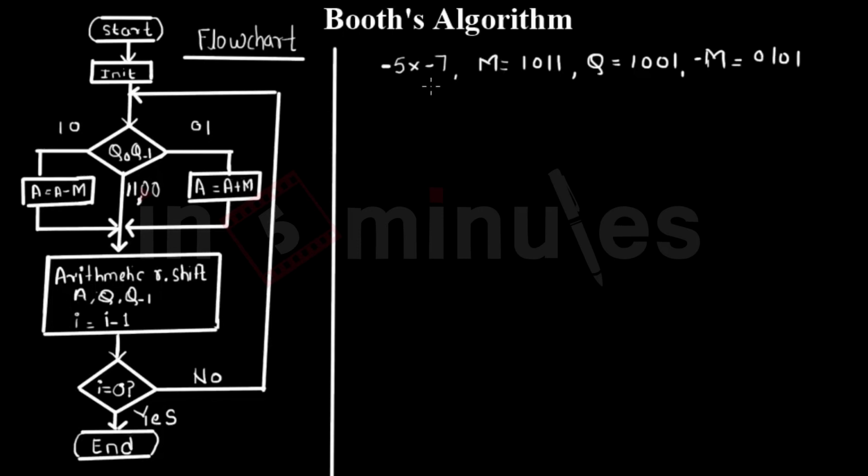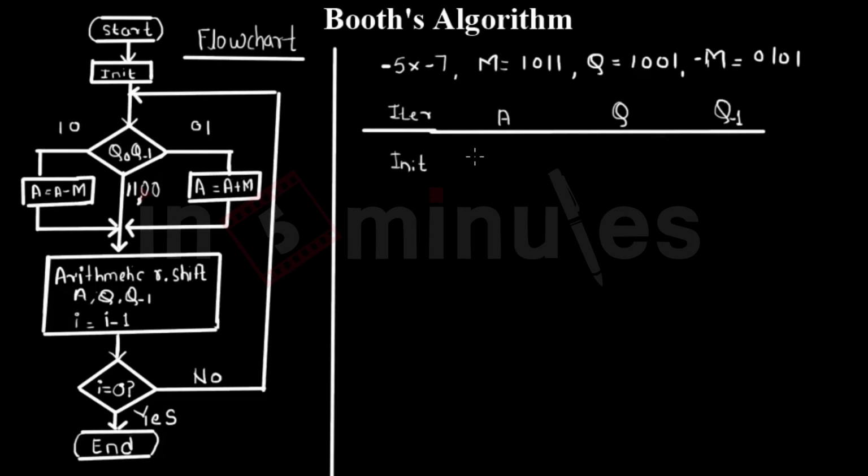Okay, so now we have these values. Let's write the register structure that we use: accumulator, Q and Q minus 1. Let's initialize this structure. A is initialized to 0 0 0 0. Then Q is initialized to the multiplier and Q minus 1 is initialized to 0. So this initialization step is complete.